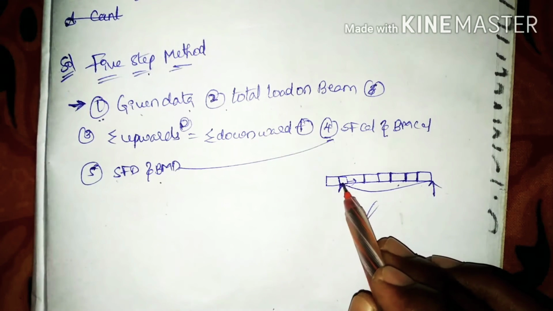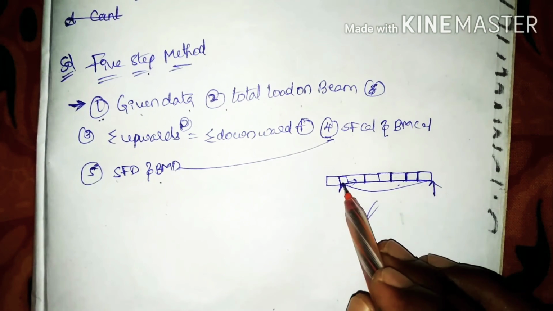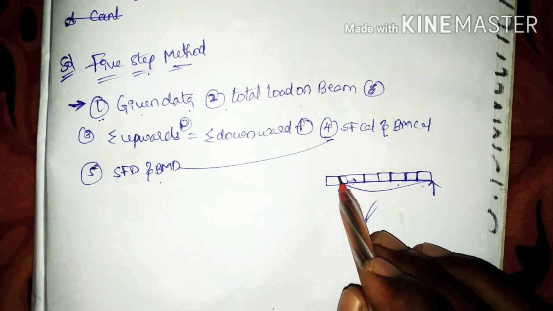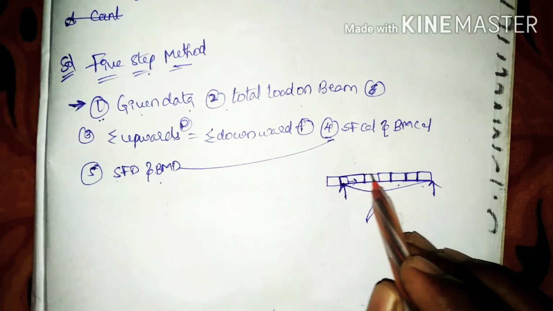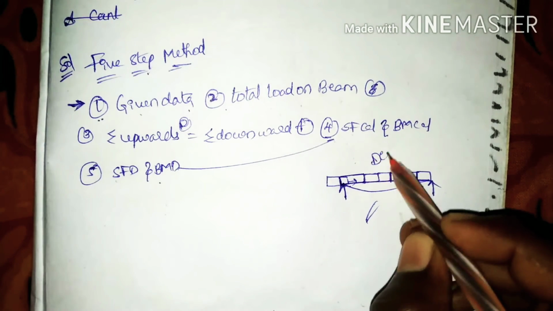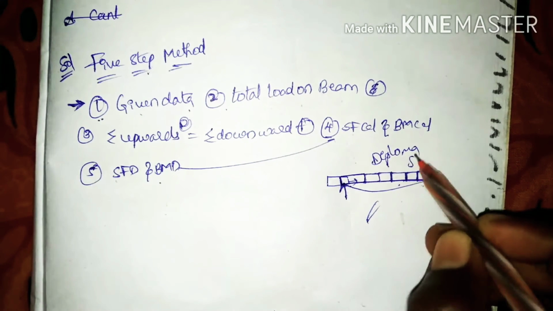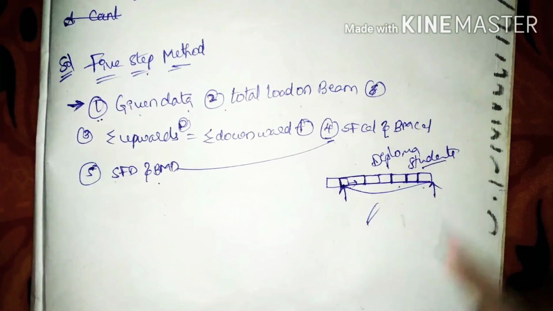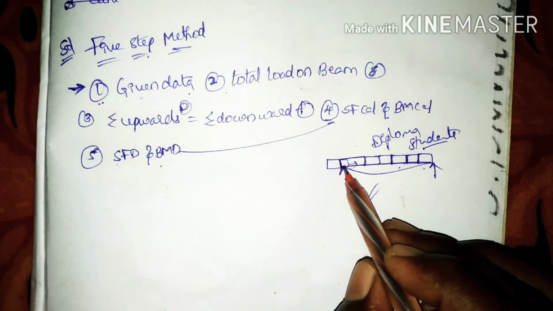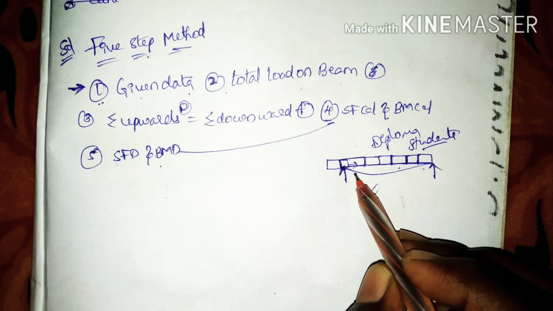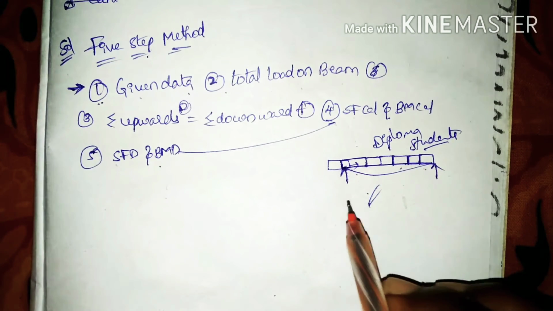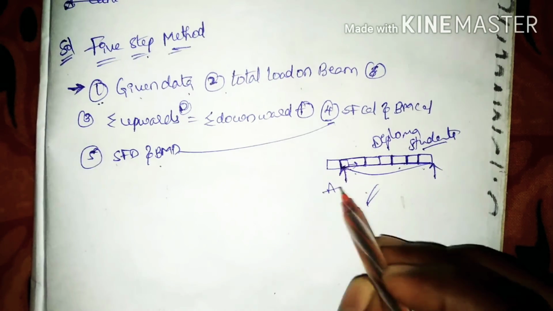We are having a beam here from A to B. Then the examiner is going to ask like this as an indirect question for the diploma students. For this we are going to draw the shear force diagram and bend moment diagram when the train is on the beam from A to B.